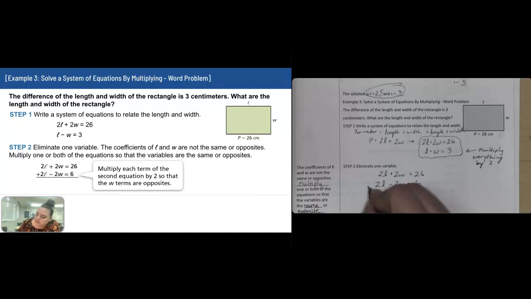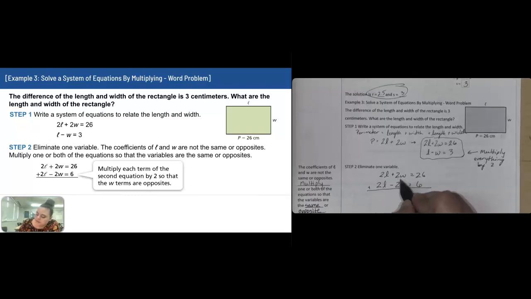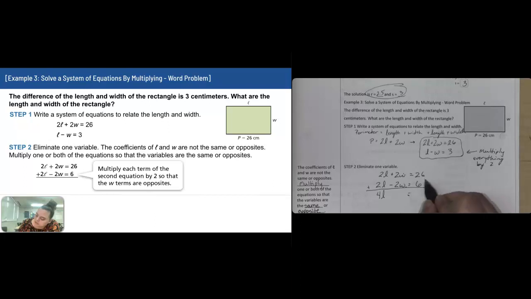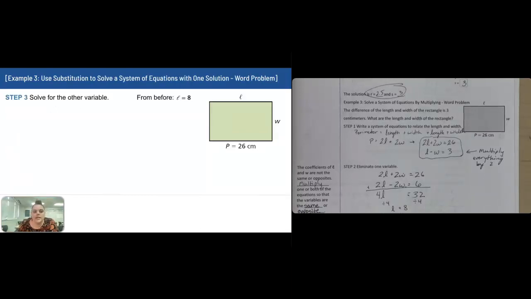So now we can add them together because we have opposites. 2L and 2L is 4L. 2W minus 2W is 0, equals 26 plus 6 is 32. Divide both sides by 4 and we get that L equals 8. So now we know that the length is 8. Now we can take that and solve for the other variable.